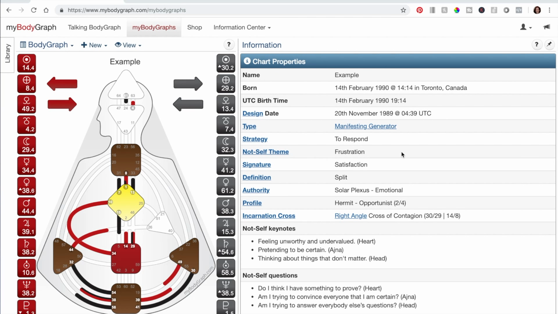Now we're going to talk about the planets on the chart, which are these funky symbols on both sides. And you'll notice that you have two sets. So these will line up with your actual birth time. And then the red ones will line up with your design date, which is about 3 months, I believe, before your birth date. And this is when you are designed as a soul, kind of like the soul comes into the body, I believe, is the idea behind it.